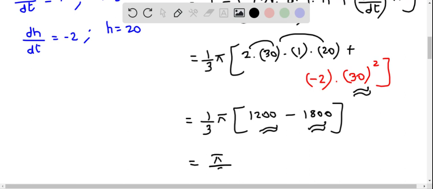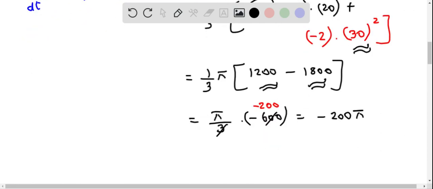I can write this as pi by 3 times -600, and we can simplify this to -200 pi. We can use the value of pi as approximately 3.14, and when we do that, we get the result as -628.32.